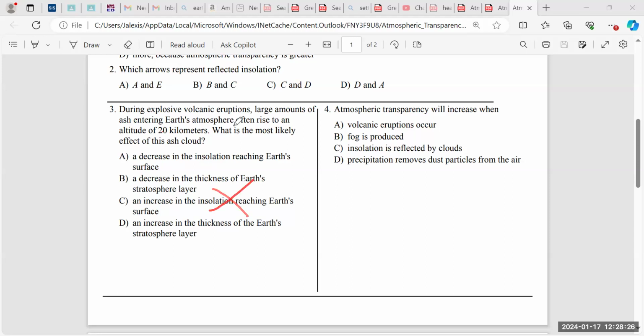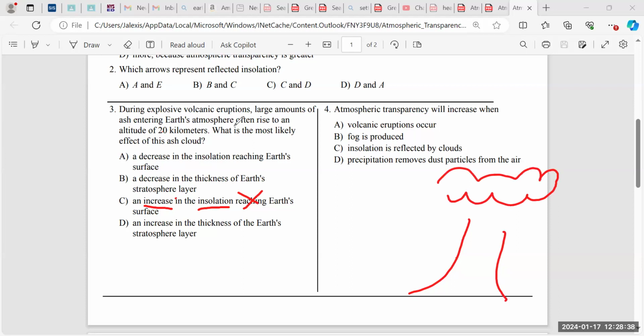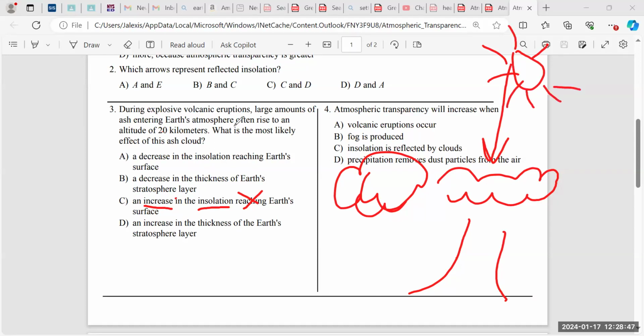Why? Because C is saying that with an ash cloud, there would be an increase in the insolation. If you have a volcano and it erupts and is giving off ash clouds, isn't it blocking insolation from reaching the surface of the Earth?